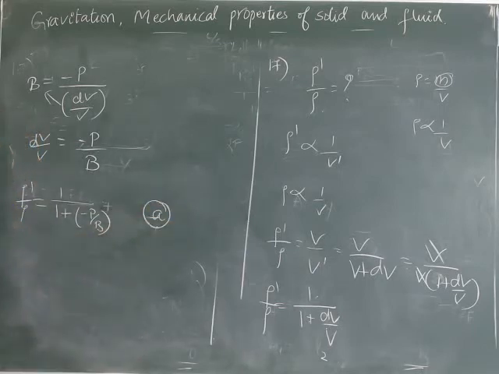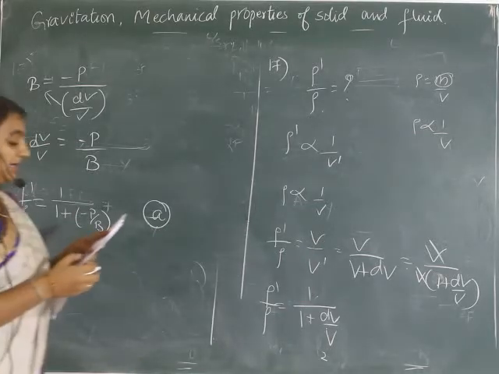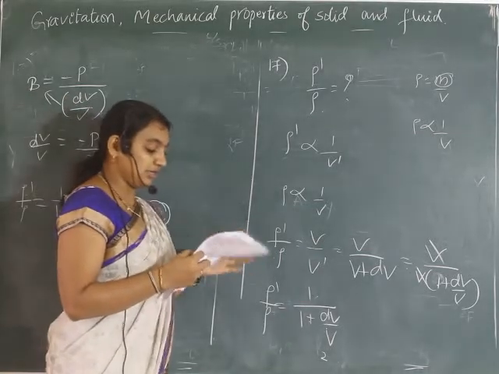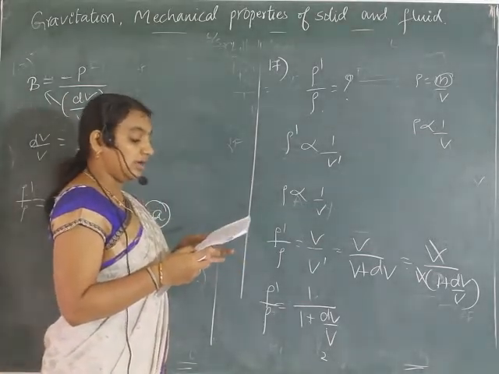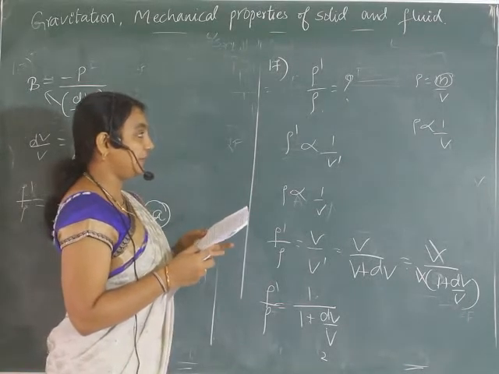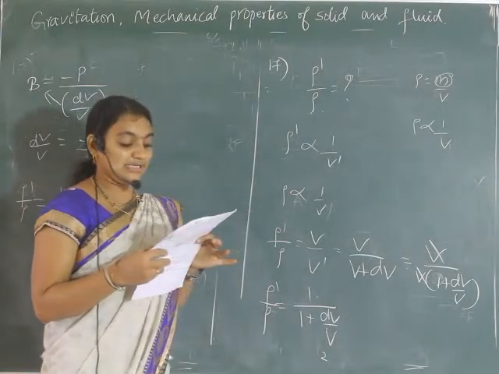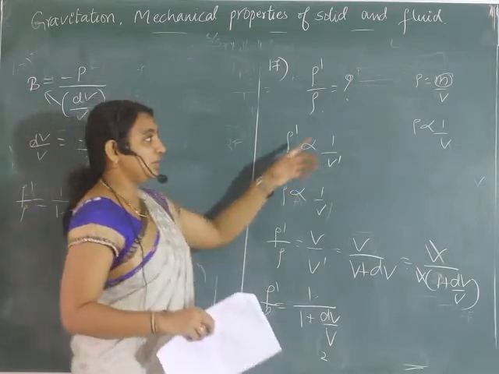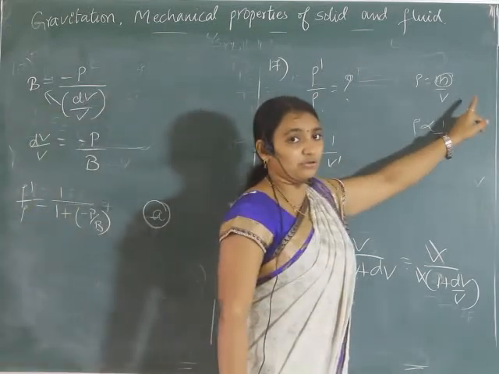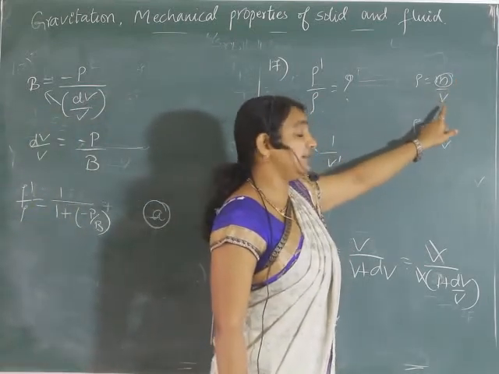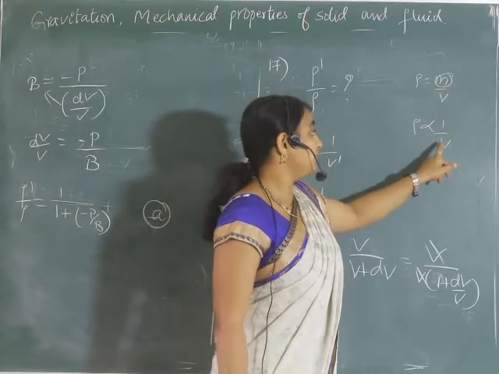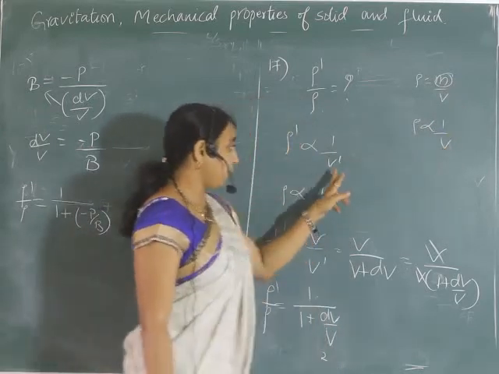What have we done? We took the density of the material at normal pressure as rho. Then it is subjected to excess pressure P, and density changes to rho dash. Density is nothing but mass by volume. Mass will remain constant, so it depends only on the volume and is inversely proportional to volume.